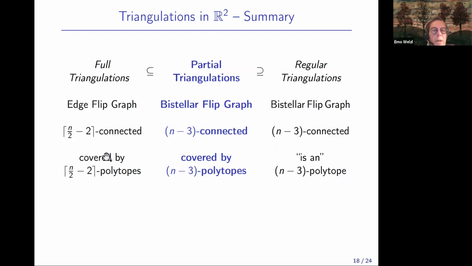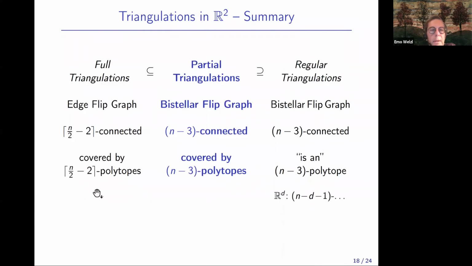And this is always a polytope, an n-3 polytope, the secondary polytope. Here we can cover. The similar thing holds for full triangulations, except that the n-3 now is the ceiling of n/2 minus 2 connected. Those people who thought a little bit about flip graphs know that this is the lower bound on the number of flippable edges in any triangulation, and therefore it's a lower bound on the minimum degree in the flip graph.